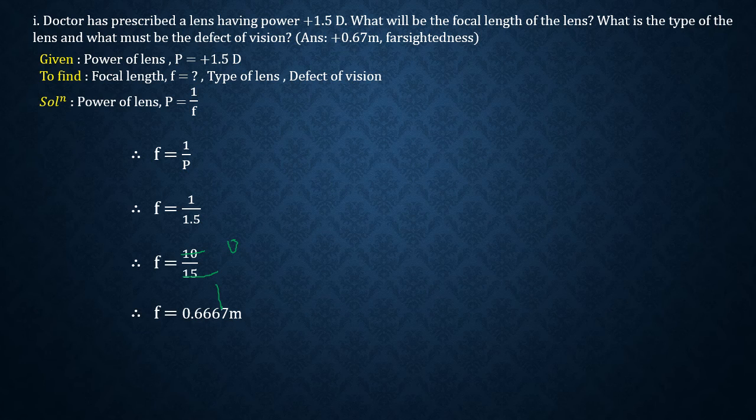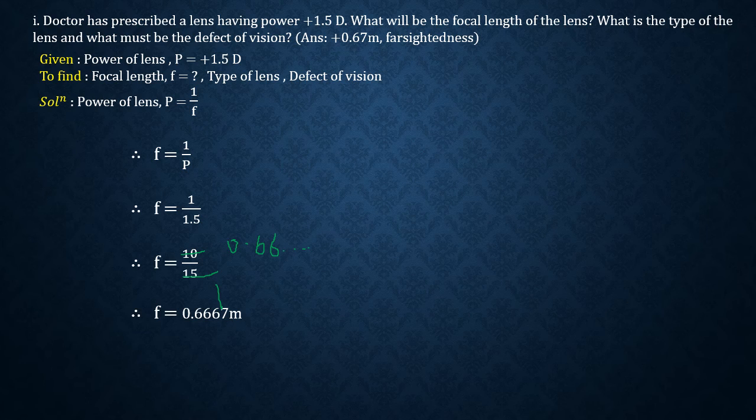Then decimal, it becomes 100. 15 sixes are 90, and 15 sevens are 105. Therefore we'll take 15 sixes. As 15 sixes are 90, 100 minus 90, again it is 10. So again it will become 15 sixes are 90. Again the same, which means it will continue as 0.6666.